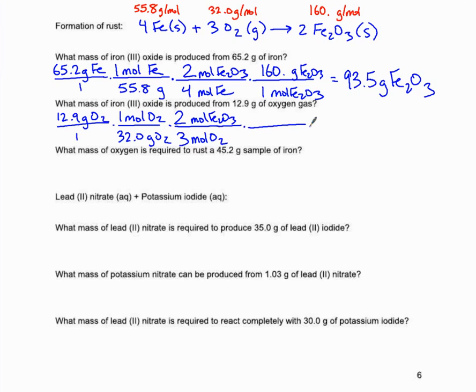So this tells us the quantity of the iron 3 oxide, but we want mass. So we are going to multiply it by its molar mass, 160 grams. This comes out to be 43.0 grams.